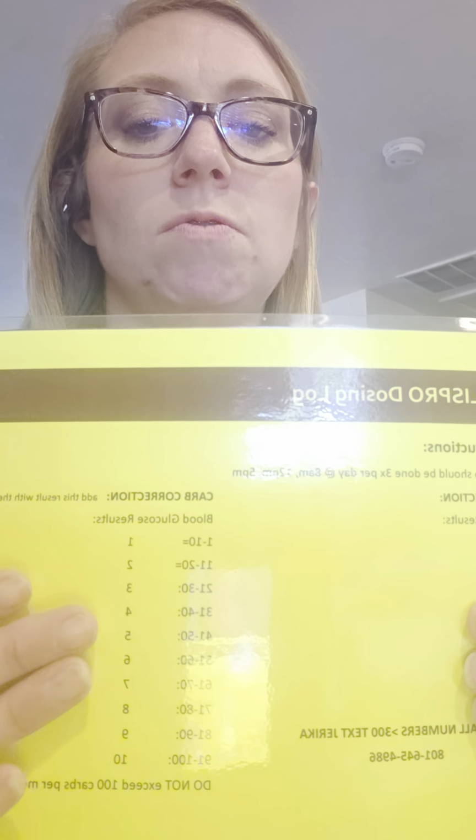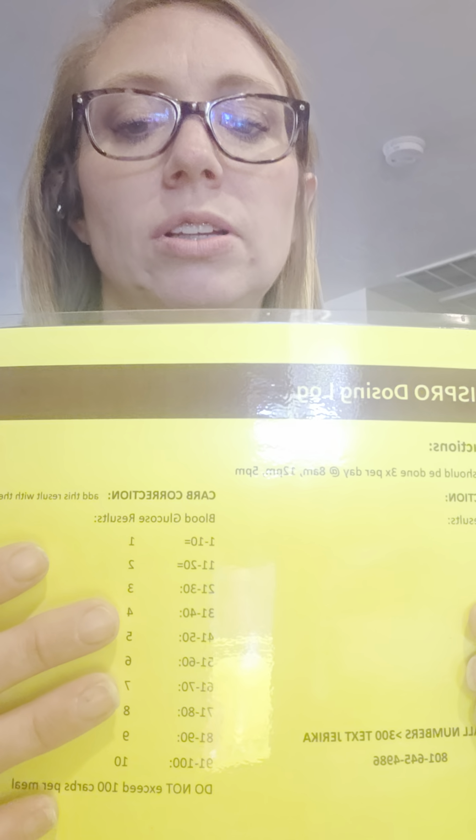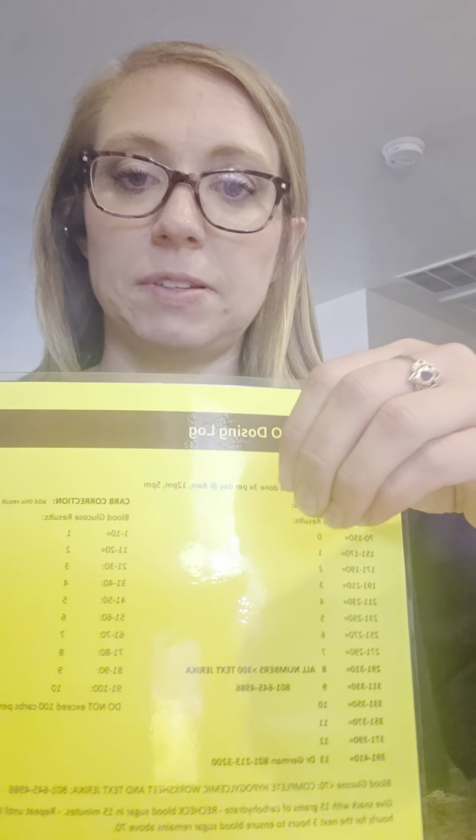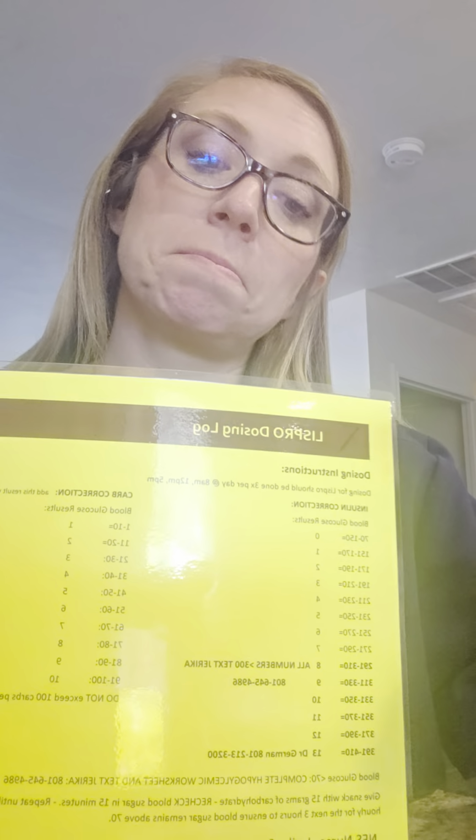So let's just say he's 170. So we've got 2 units of insulin plus 4 units to cover the amount of carbs that he's going to eat in his food. So you are going to give him a total of 6 units of the fast-acting insulin, 10 to 15 minutes before he eats.